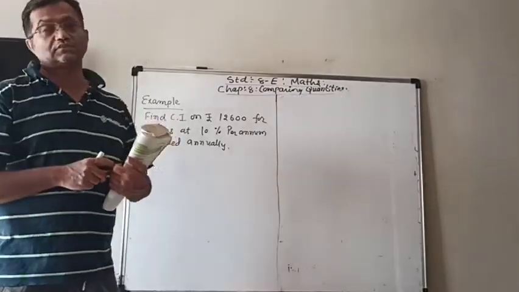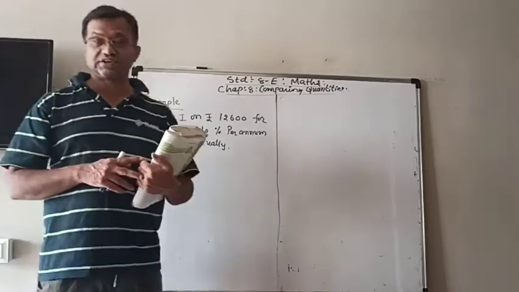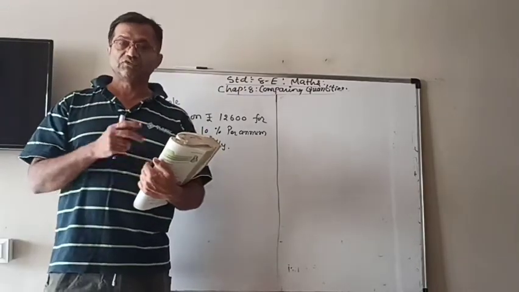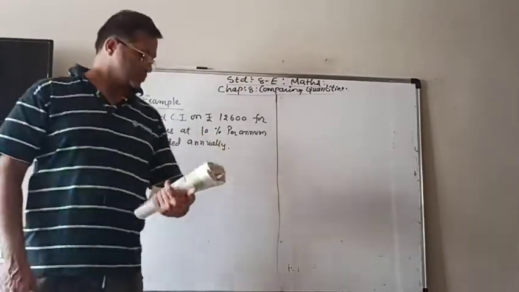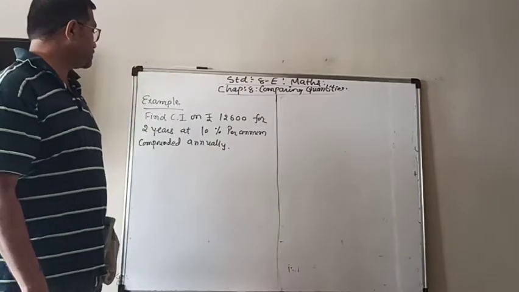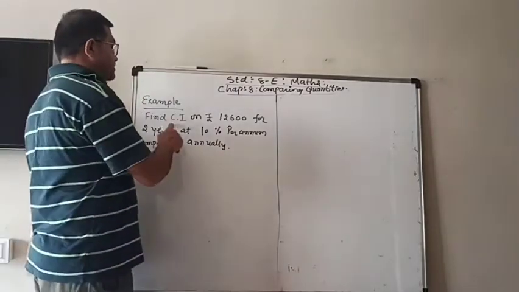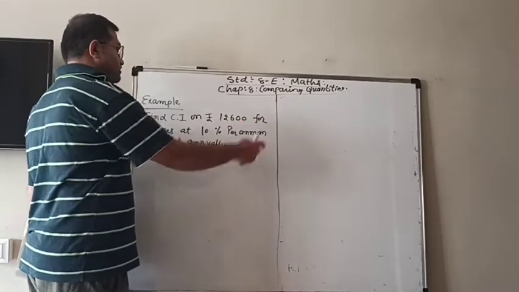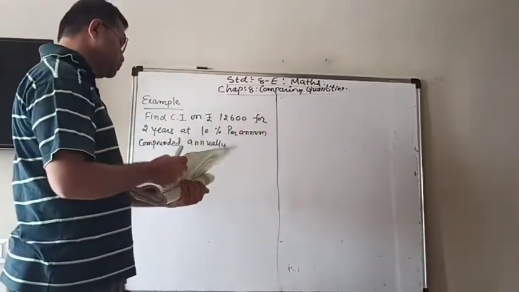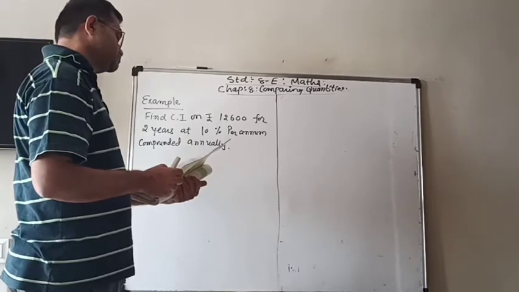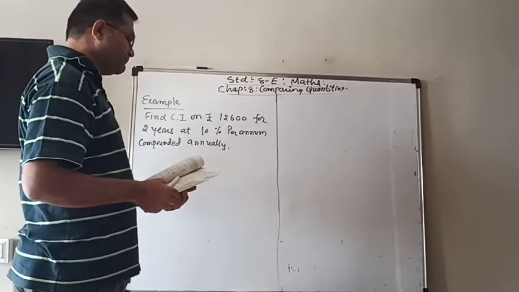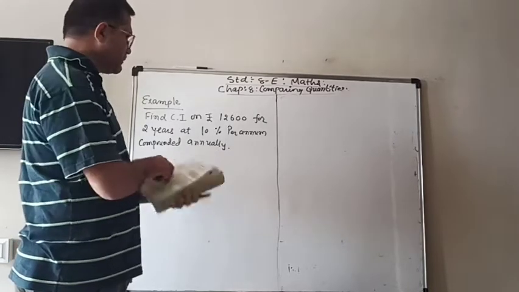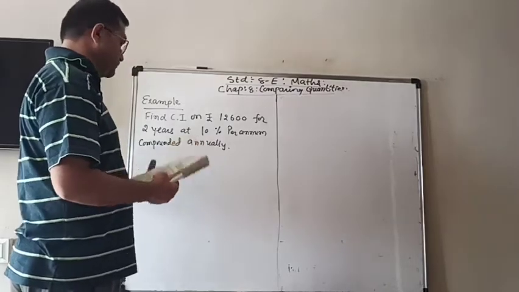Let us understand how to find compound interest with an example. The example is: find compound interest, CI, on rupees 12,600 for 2 years at 10% per annum compounded annually.